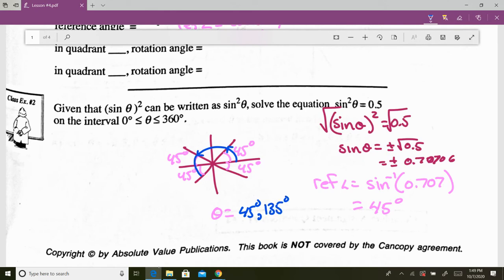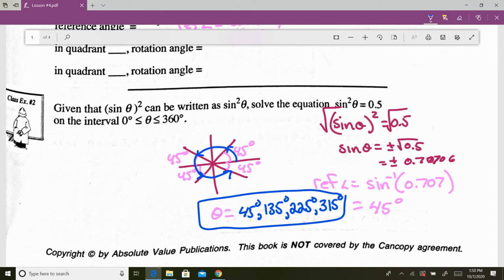And then to the next one, 225, and finally 315. Okay, so you've got 4 answers now for that one. When you square root something, you're going to get all 4, basically. Is that okay?